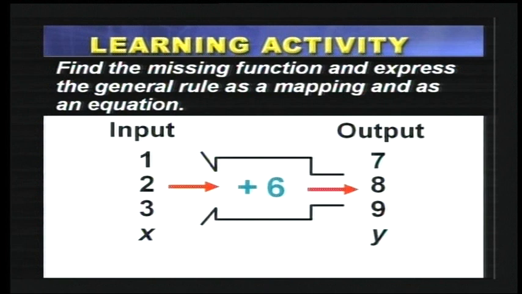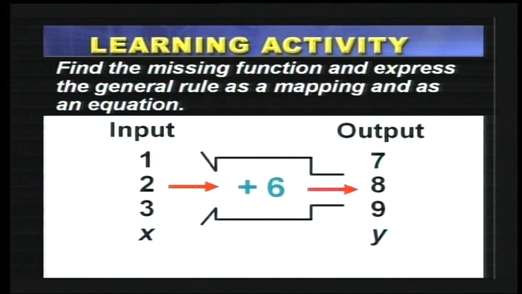So 1 plus 6 is 7, 2 plus 6 is 8, 3 plus 6 is 9. The inputs can be represented by letter x, and the outputs are represented by letter y, or the pronumeral y.